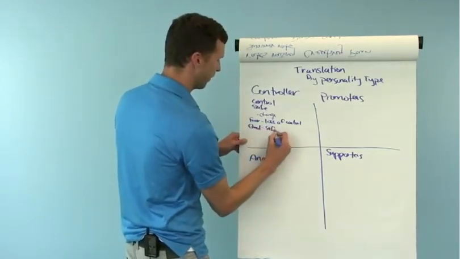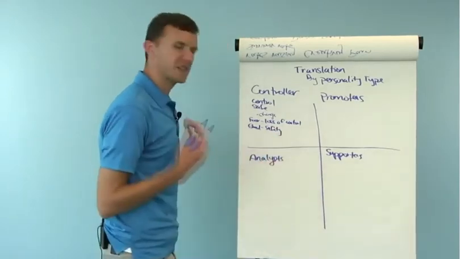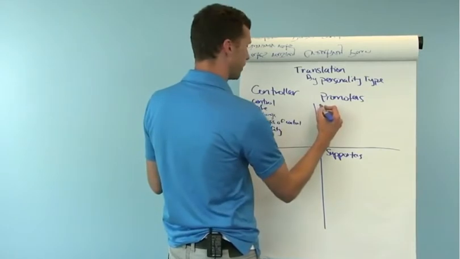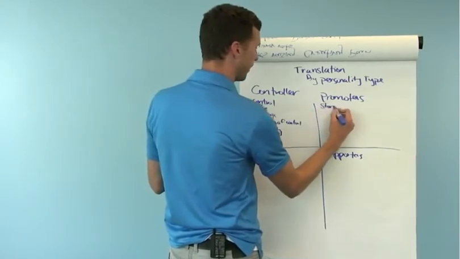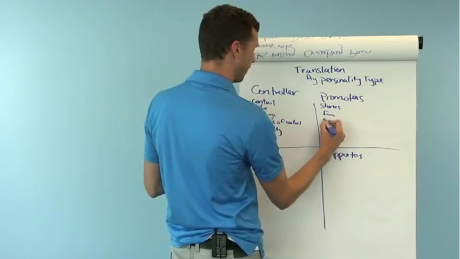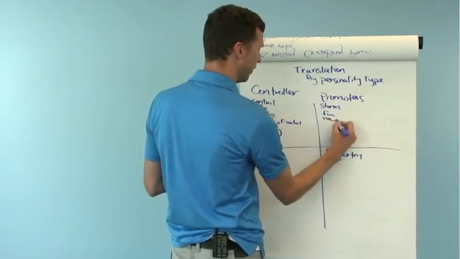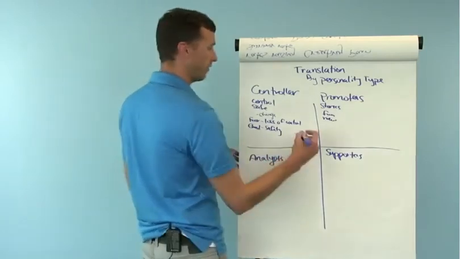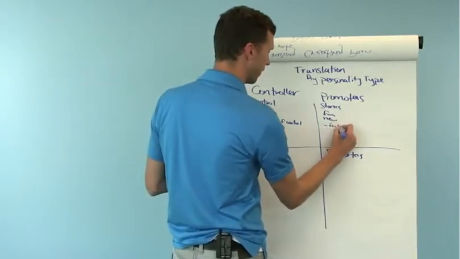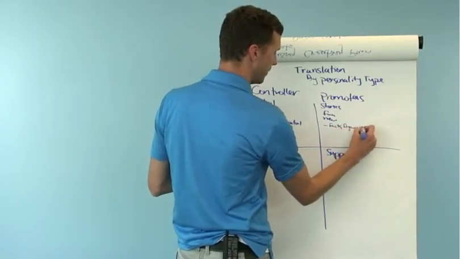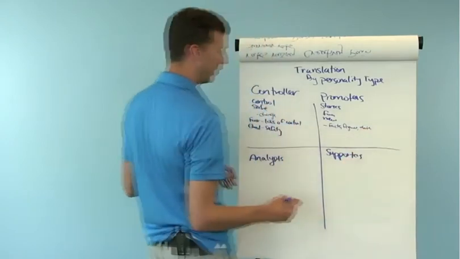To be safe. Man, if I could just be safe, I could be happy. Okay? Promoters. Promoters love stories. They love fun. They love things that are new. That kind of stuff. What do they dislike? We hate facts, figures, data, boring.